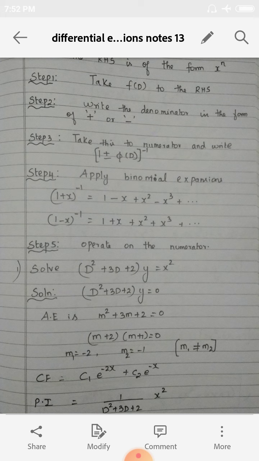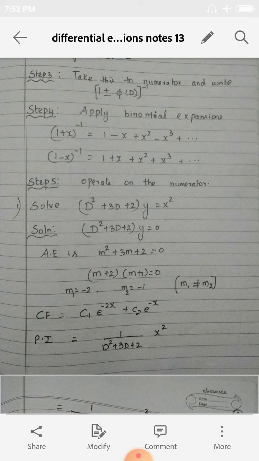This is the binomial expression formula. 1 plus x power minus 1 is nothing but 1 minus x plus x square minus x cube plus etc. And 1 minus x power minus 1 is equal to 1 plus x plus x square plus x cube plus etc. And the step 4, we have to operate on the numerator. This is the working rule for finding the type 3.